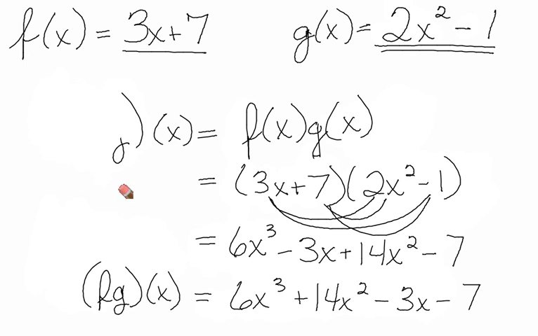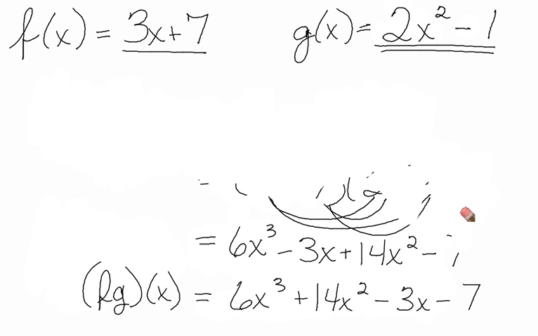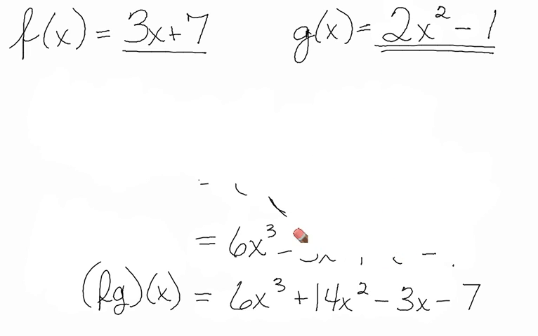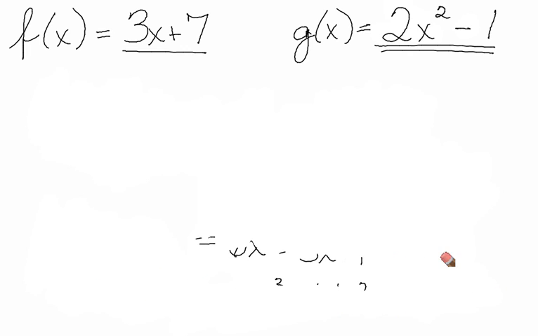So division is a different one because with multiplication and addition and subtraction, when you multiply two polynomials, you end up with a polynomial. But in the case of division, when you divide two polynomials, you end up with a rational expression. Okay, not a polynomial, but you still end up with a function. So that's good.